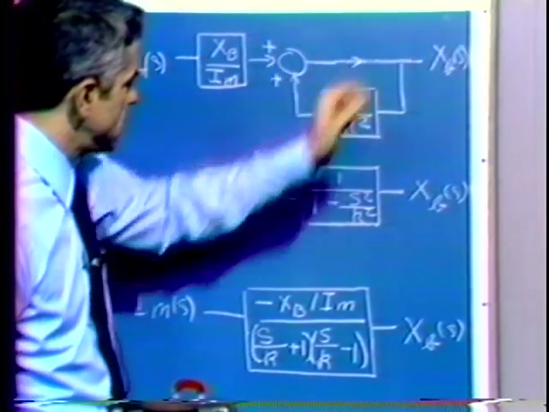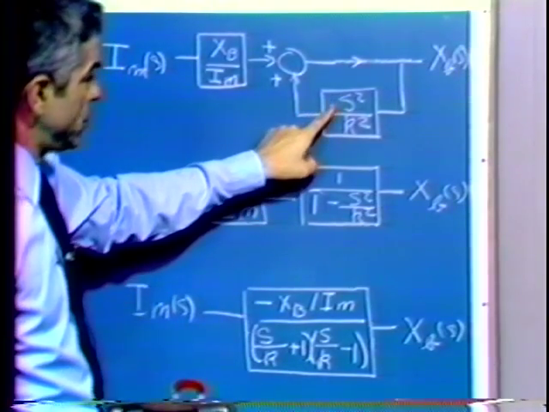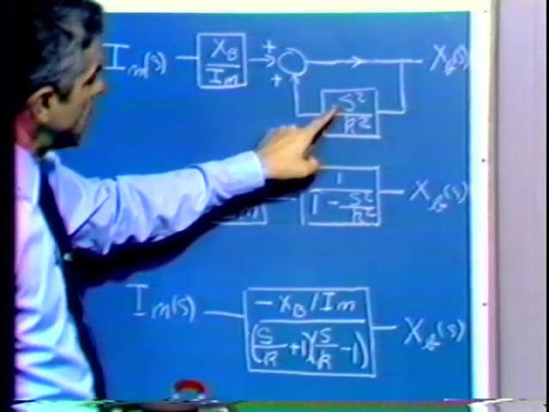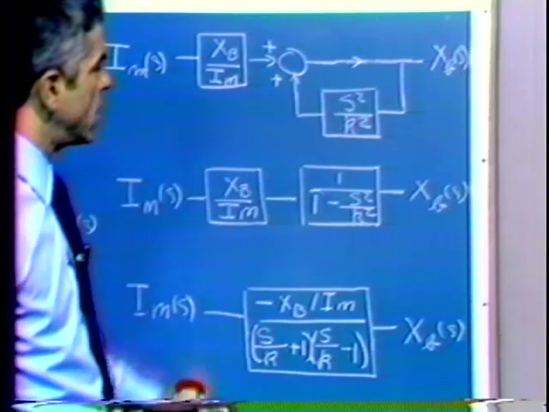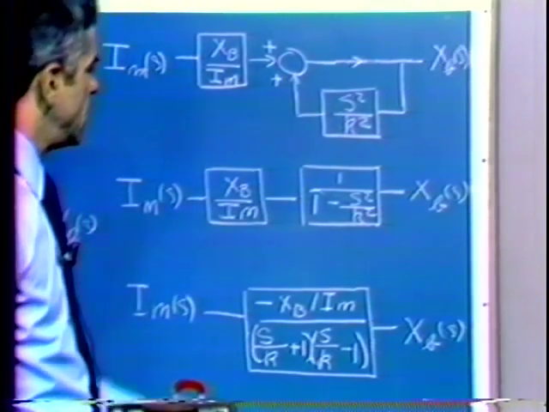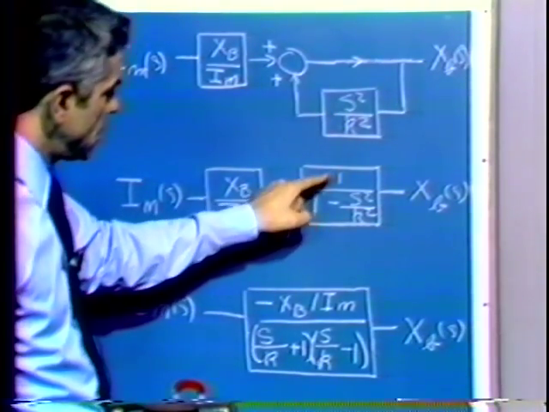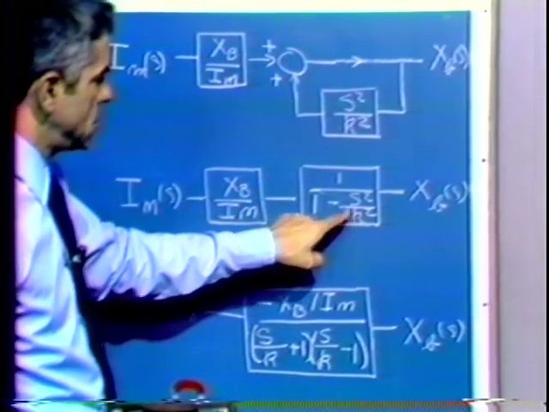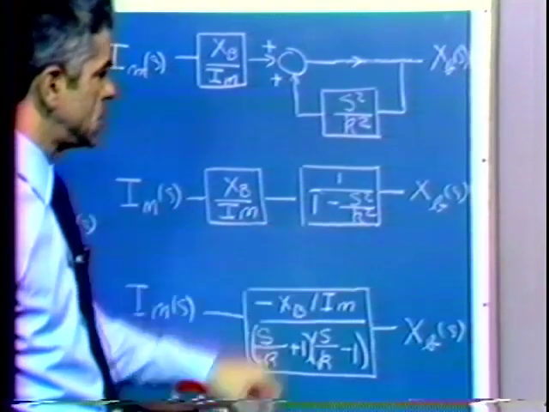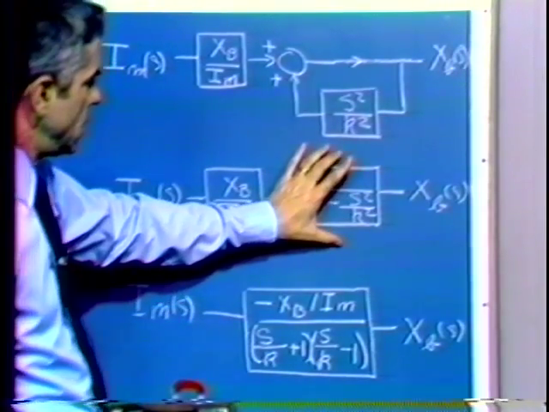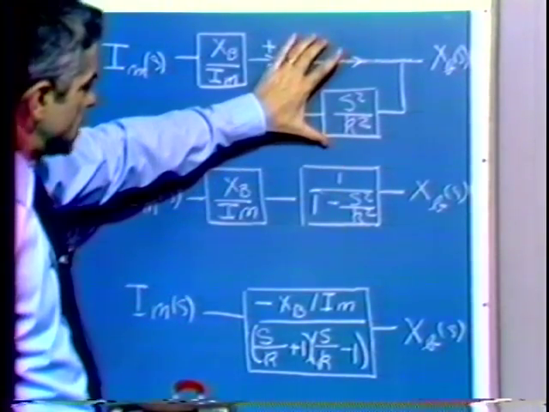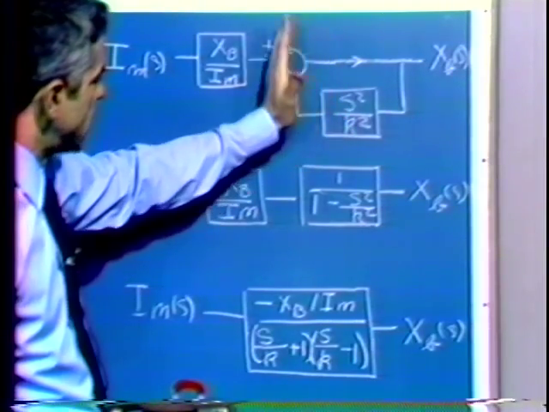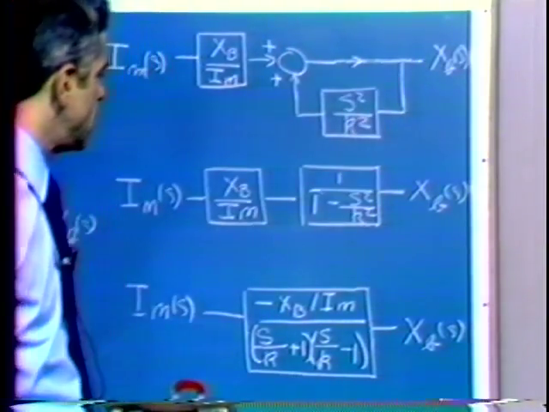Well, the forward path is simply 1. The loop transmission in this case is plus s squared over k squared. And so we get an expression, the forward path, 1 over 1 minus the loop transmission, 1 minus s squared over k squared. And so this block represents or gives us the transfer function from here to here.